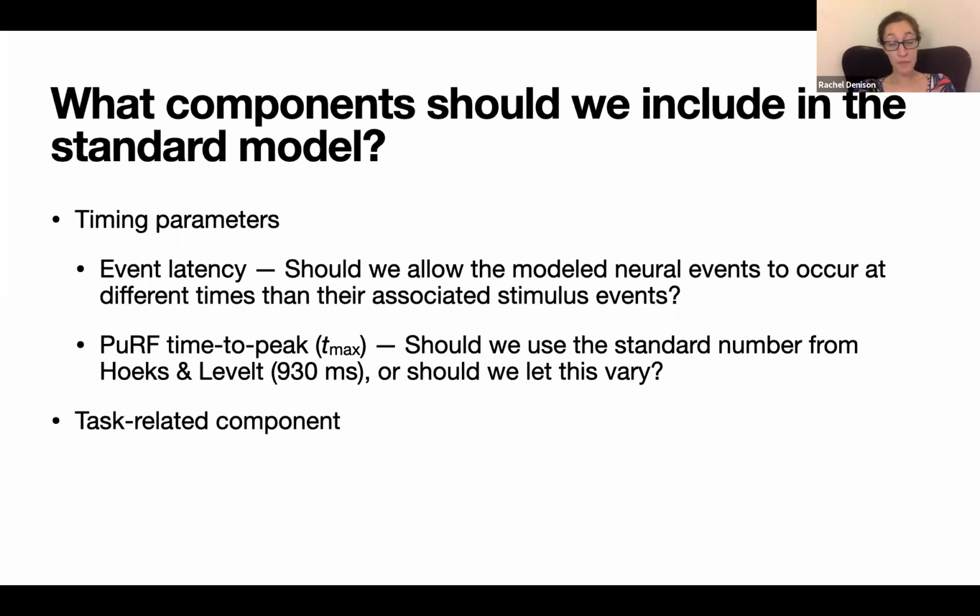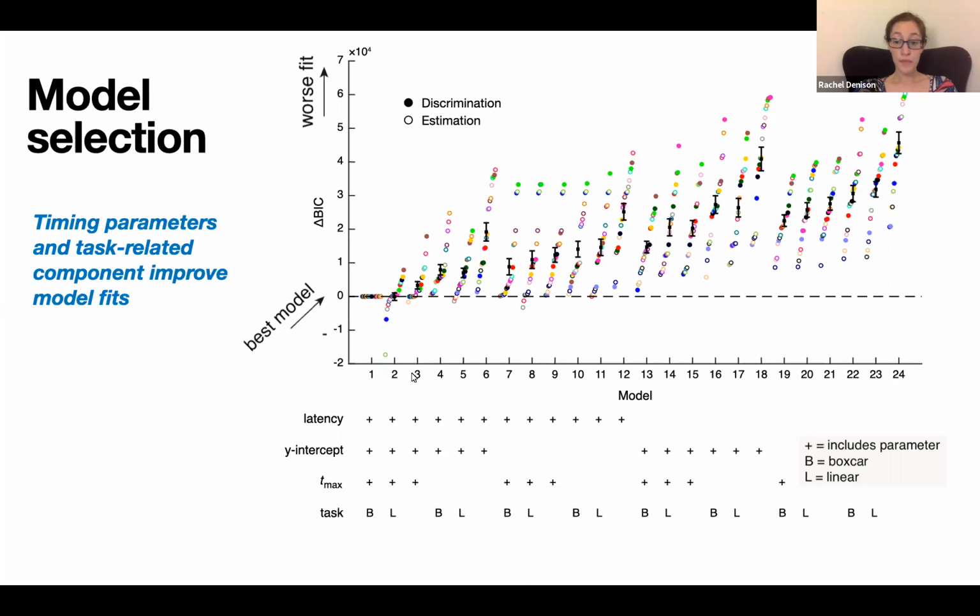So this table at the bottom here shows all the different models, and it shows which parameters were included in each model. So the columns here are models corresponding to these numbers above here.